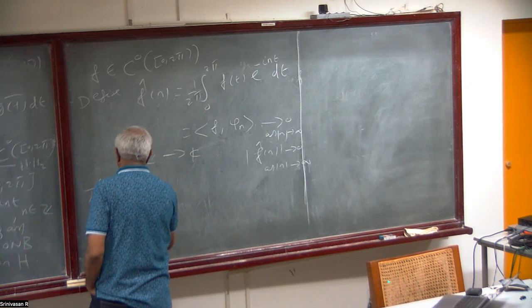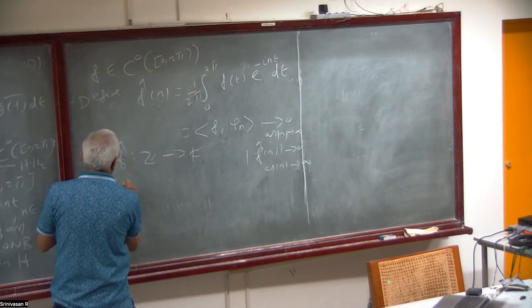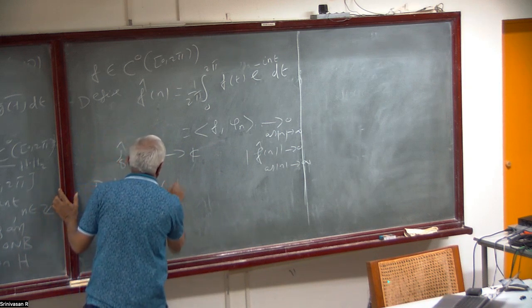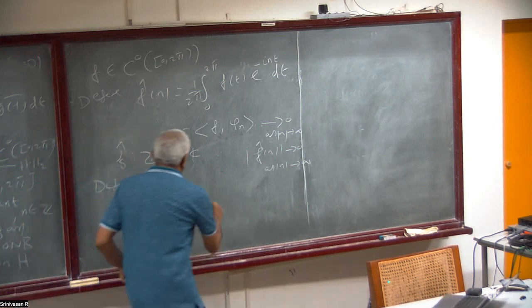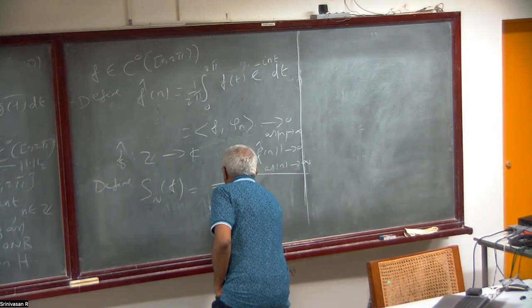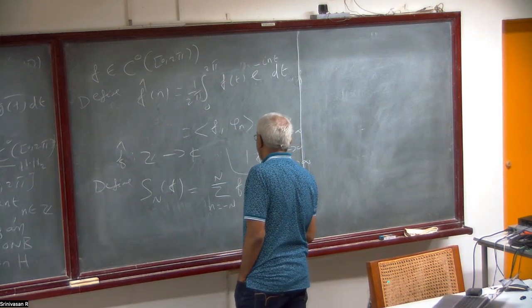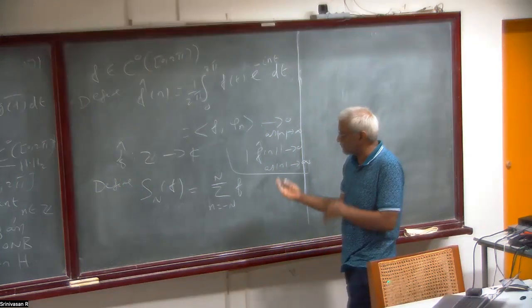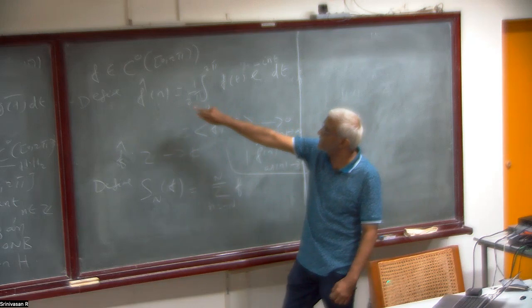I have to define again. Define Sn f. You have an f, and I define Sn f to be the summation from n equal to minus n to n of f hat n times e to the int. Again, this is some sort of Fourier transform, called the inverse Fourier transform. What we did is the following.